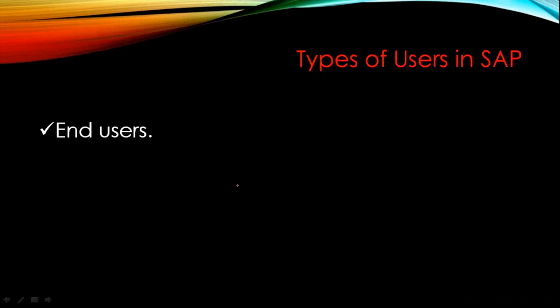For example, in the business, sales people will be creating sales orders, deliveries or invoices. Purchasing people will be creating purchase orders, purchase requisitions, goods receipts and all that. Production people will be creating production orders and planned orders and all the stuff. And in the same way, the finance people will be creating their own transactions. So they are the end users.